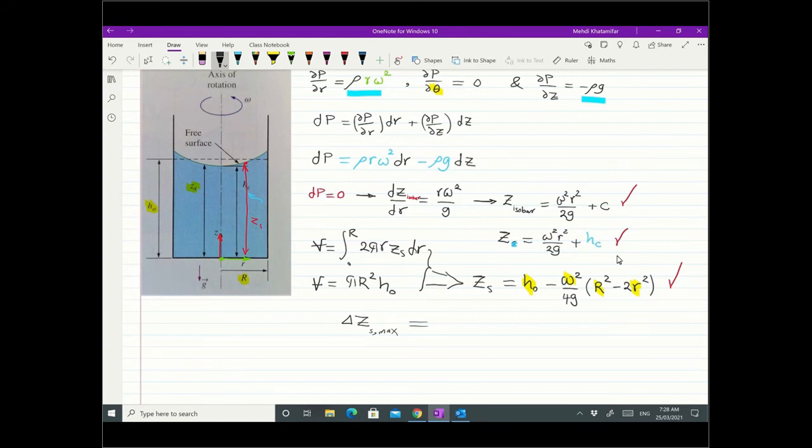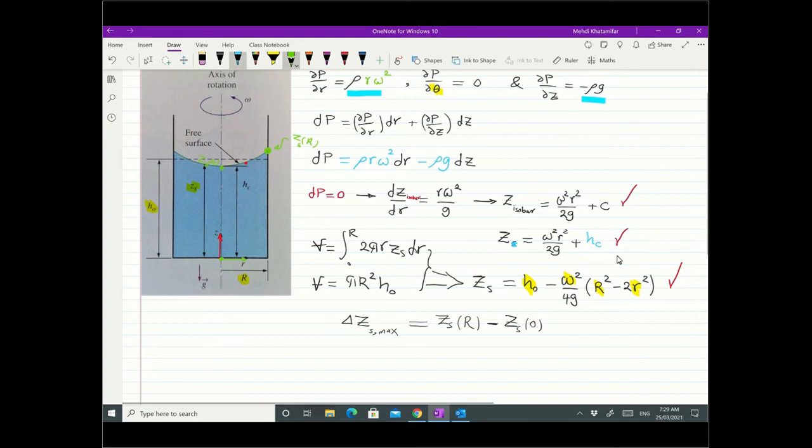That is basically delta z, which is zs at r minus zs at 0.